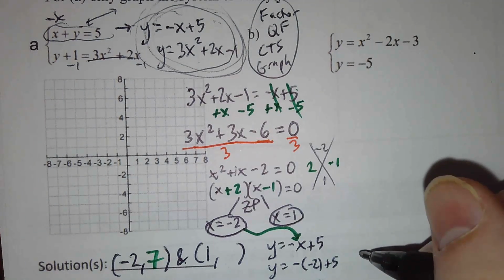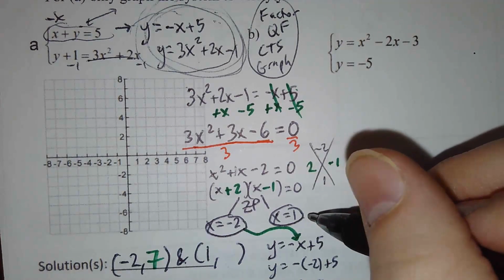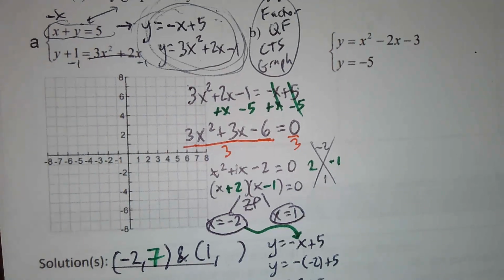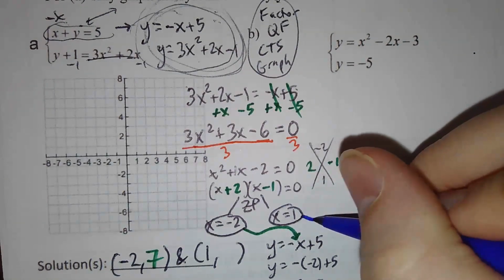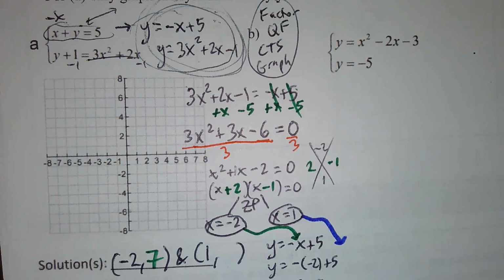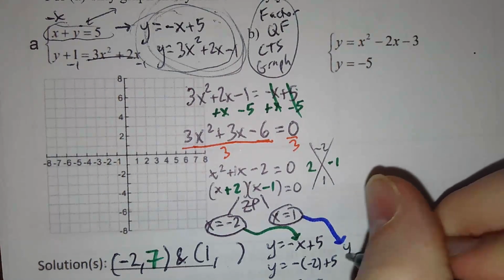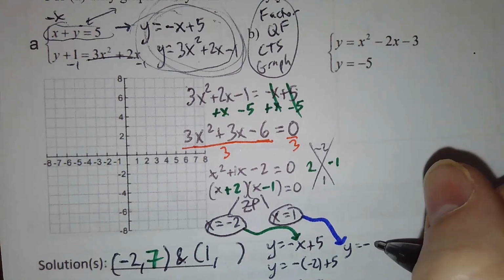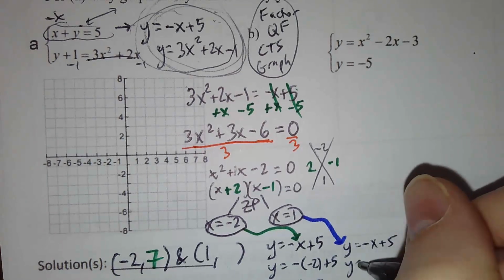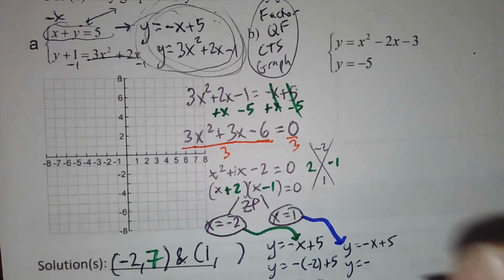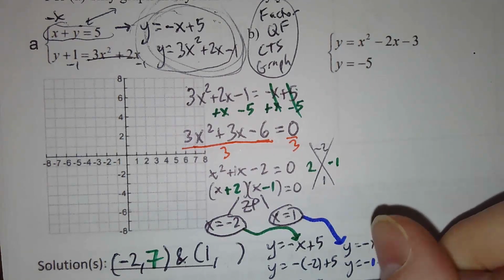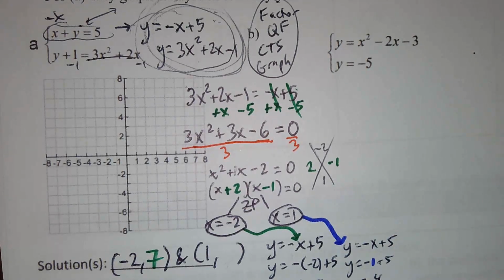Now I'm going to do the same for the second value of x. I'm going to input 1 into that equation as well. I will get y equals negative x plus 5, y equals negative 1 plus 5. Negative 1 plus 5 is 4.